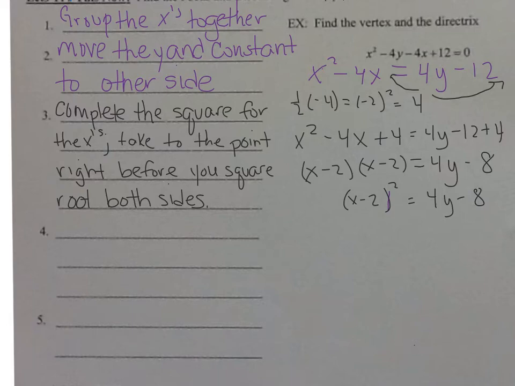Notice that this is starting to look like the vertex form for a parabola. Right, I have this parentheses squared over here. So now it's this side that I have to take care of. It's the y side.